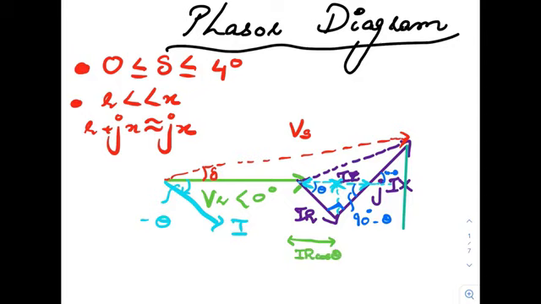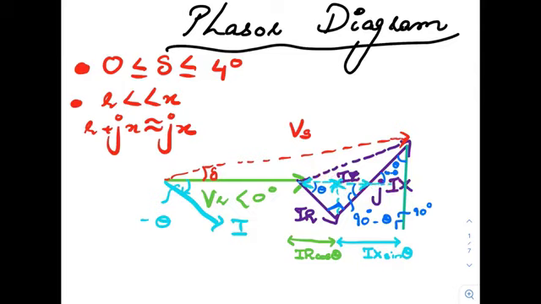Now in order to determine this component, this angle will be 90 degrees. This angle is theta. So this will be Ix sin theta. So the total horizontal component will be IR cos theta plus Ix sin theta, that is this component plus this component.